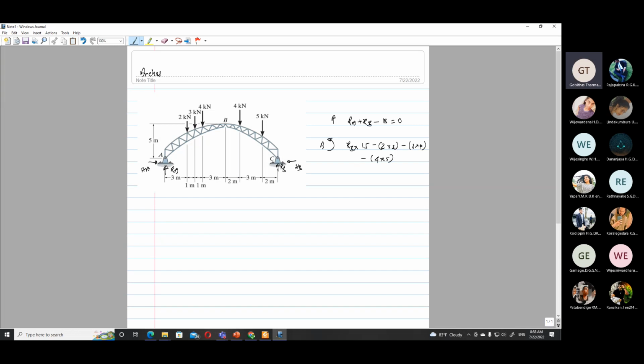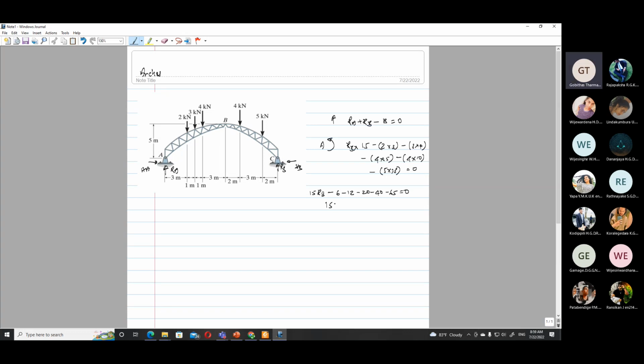These are distances from A. So 3 meter, 4 meter, 5 meter, 8, 10 meter, minus 4 into 10 minus 5 into 30 is 0. So 15 RB minus 6 minus 12 minus 20 minus 40 minus 65 is 0.